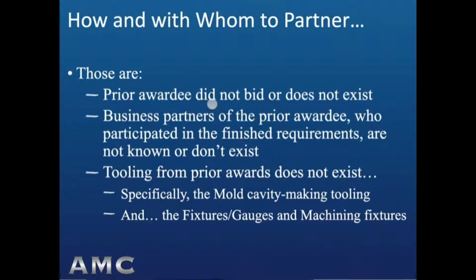Another instance might be when business partners of the prior manufacturer who participated in the finished requirements are not known or are out of business. And probably, most importantly, when the tooling from prior contract awards cannot be located. And I'm talking specifically the mold cavity making tooling and the measurement fixtures and gauges, and also the machining fixtures.